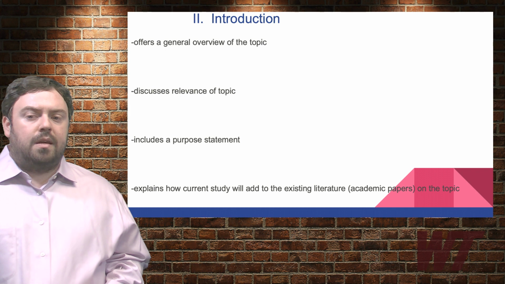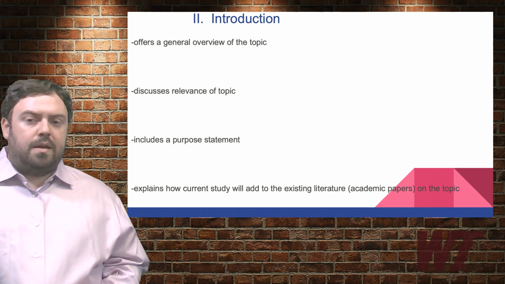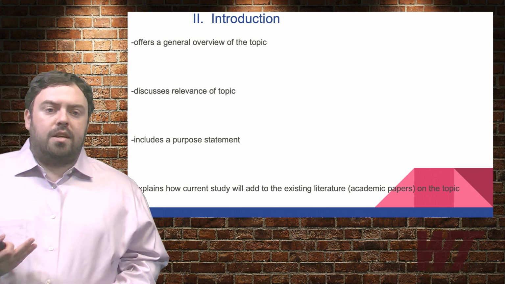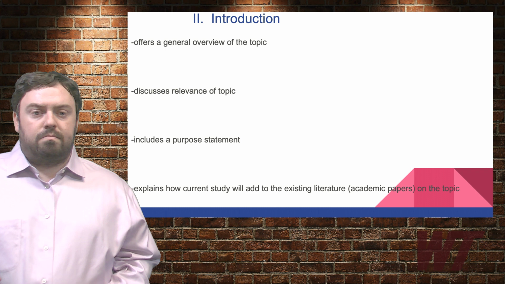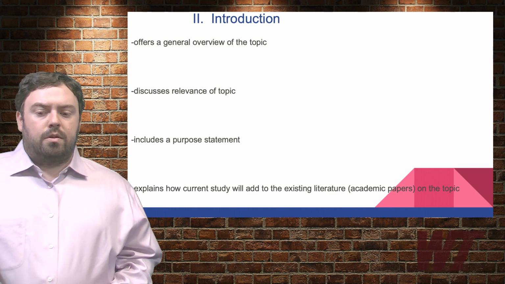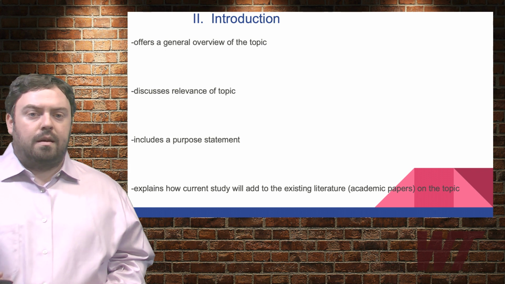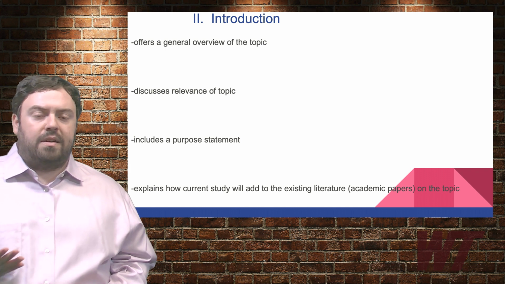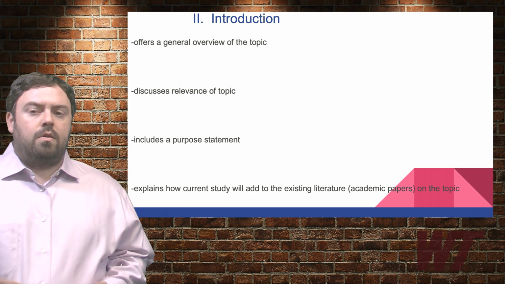You're adding something interesting to the current discussion. So maybe you are examining a different population than what other researchers have examined. You're either interviewing or surveying people whose perspectives haven't been expressed or published before.